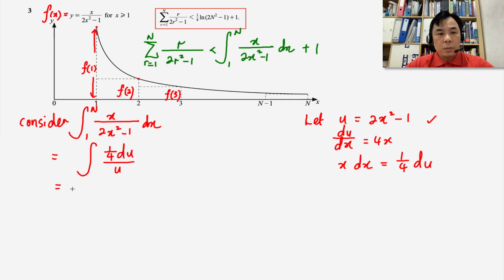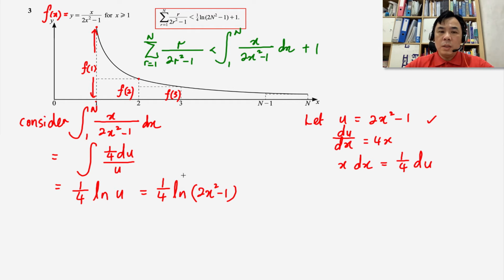So from here we have a quarter of, now you know the integration for this, which is basically just ln u. And then what is u? Don't forget to replace it back. It's a quarter of ln(2x squared minus 1).